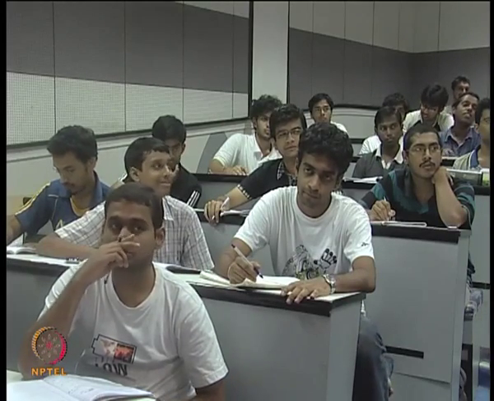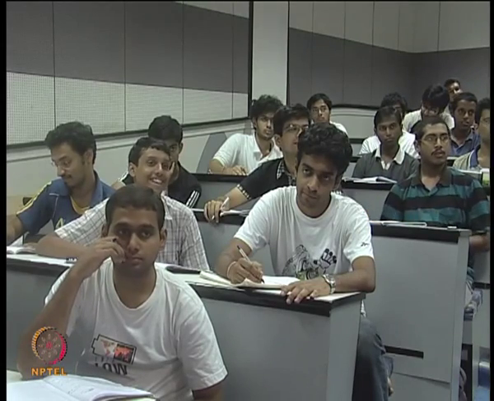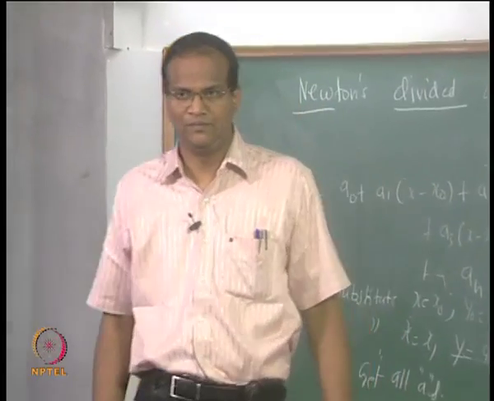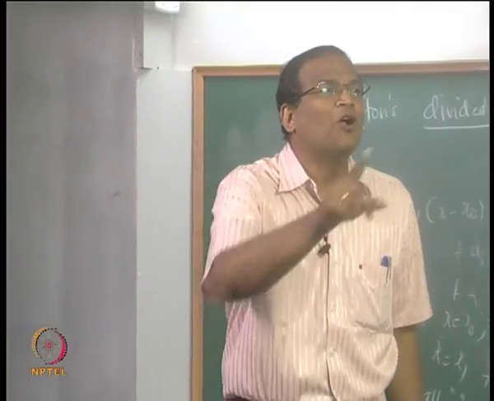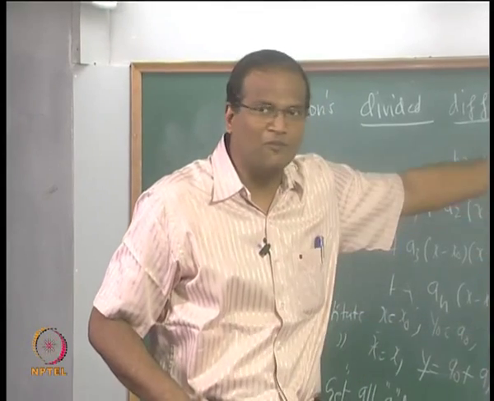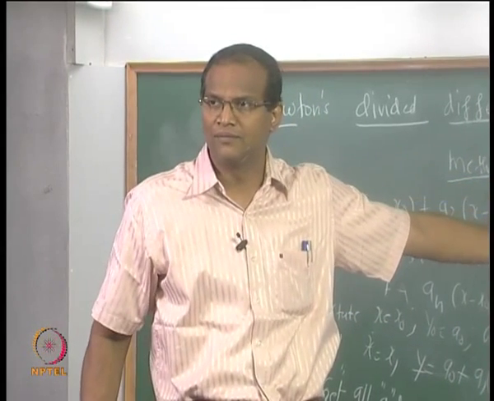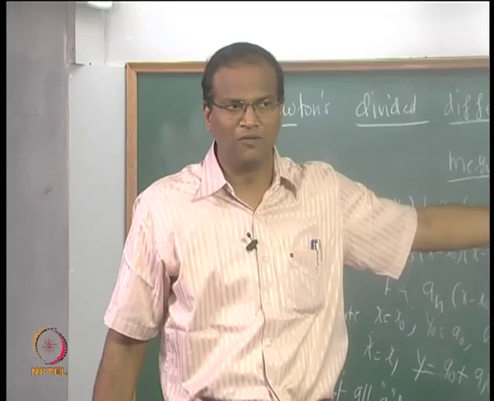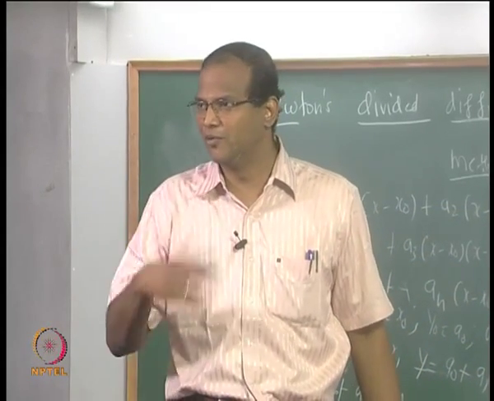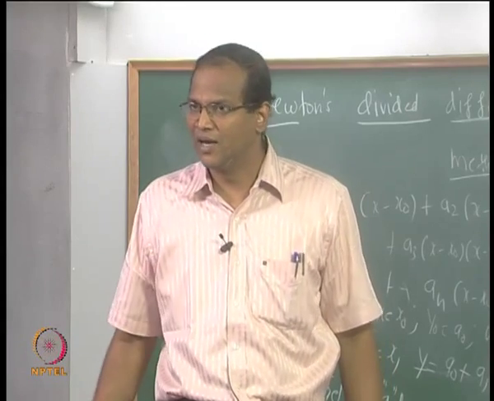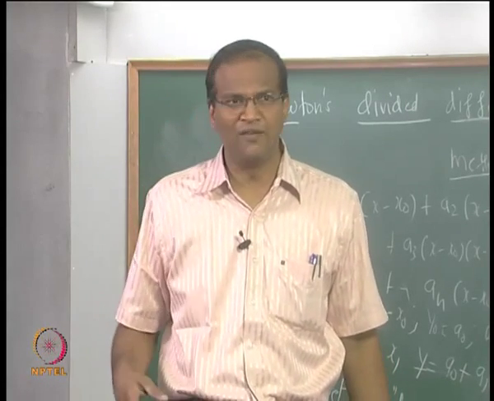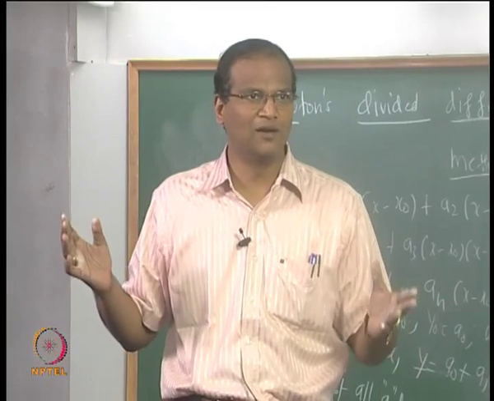So if you have 100 points, you do it at the 34th point or 35th point, but there is no other way to mathematically close it. This is what your graphing software does when you put an approximating polynomial. So much of mathematics goes on in the background. You can write a program in MATLAB and solve it, and then use Excel and put a trend line. I can give you an exercise, we can have a tutorial class. Suppose I ask you to put a cubic spline with 5 points, you will do that easily.